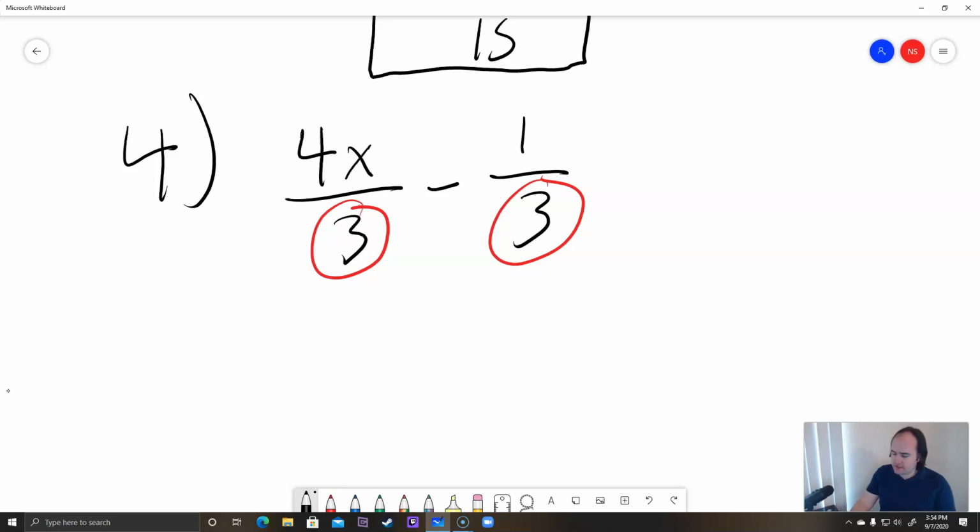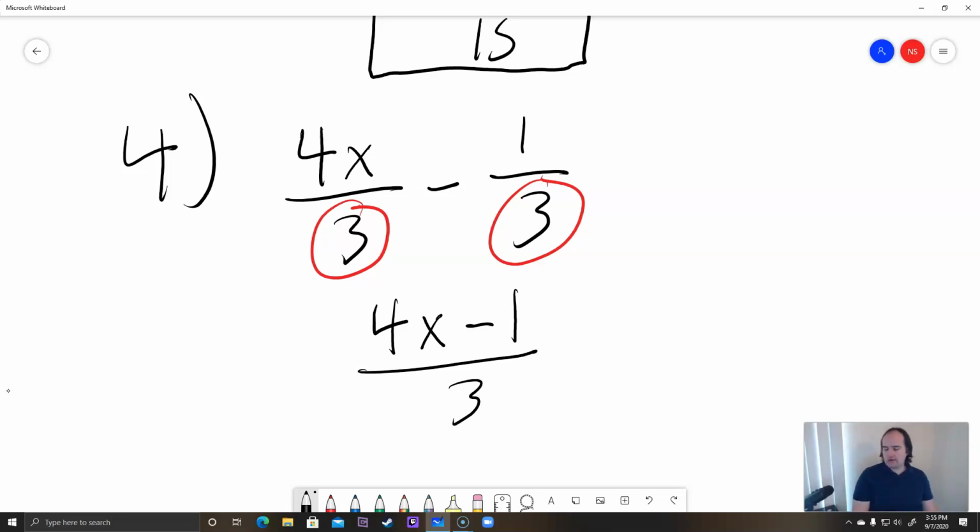So here on the top, we keep the denominator and we add or subtract the numerators. So we're doing 4x minus 1 on the top. And then on the bottom, we have 3. Okay? So our answer is 4x minus 1 all over 3.